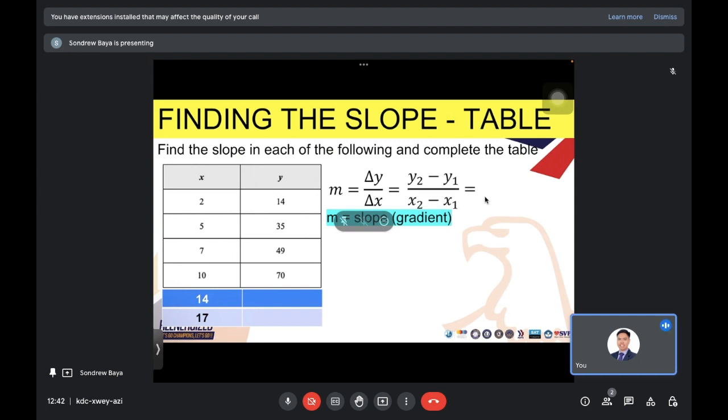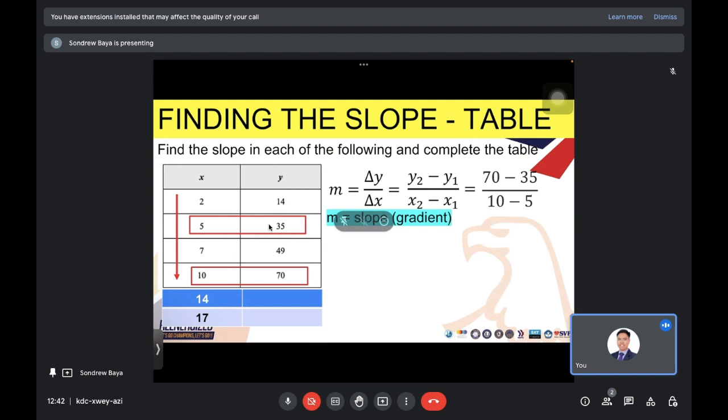So here we have to choose y values. Let's say we use this and we also use this one. So you can choose any y or x values, but in this case, let me just use the ones that I have here. So in my choice, this is my second y, and this is my first. This is my current.